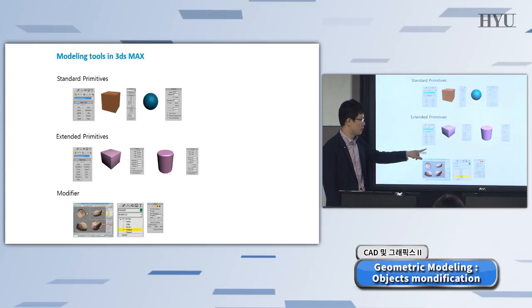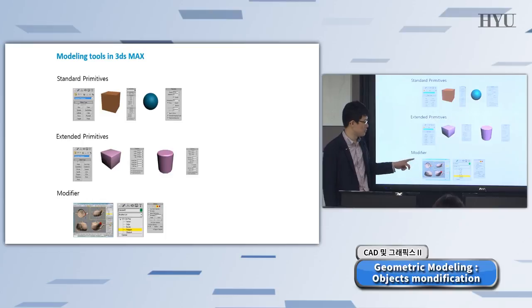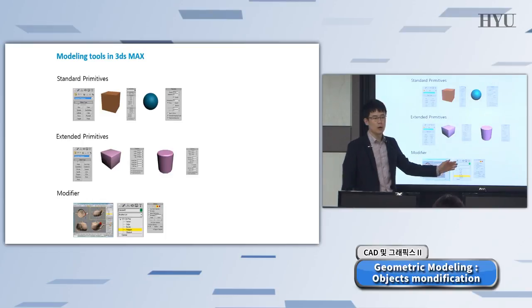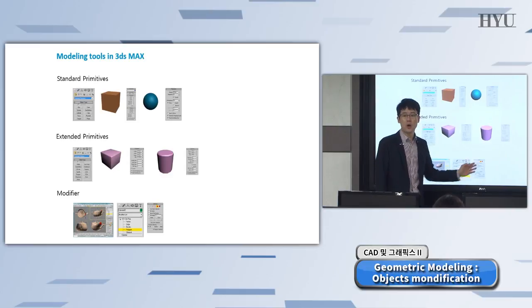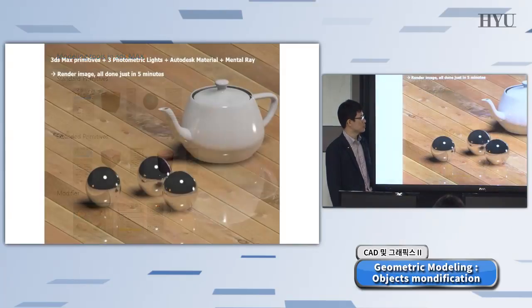And today we're also going to look at some of the modifiers. From this box shape or teapot, you can modify by using editable poly or hundreds of powerful modifiers defined in the 3D Max interface, okay? That's what we're going to use.